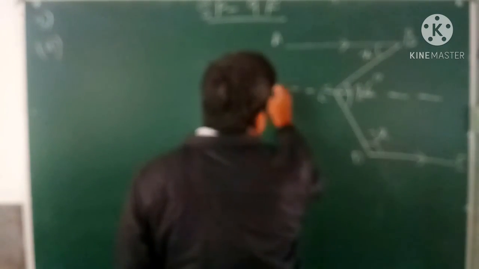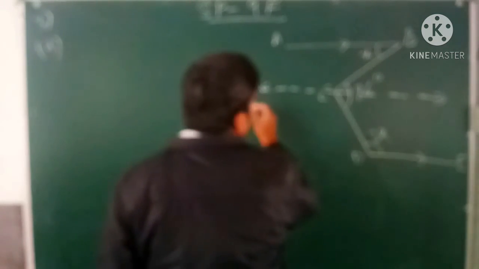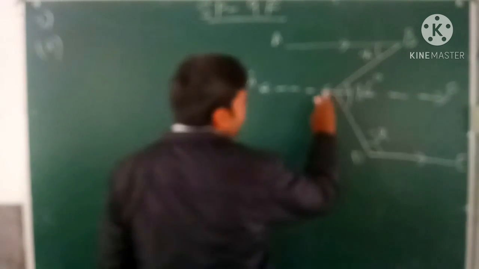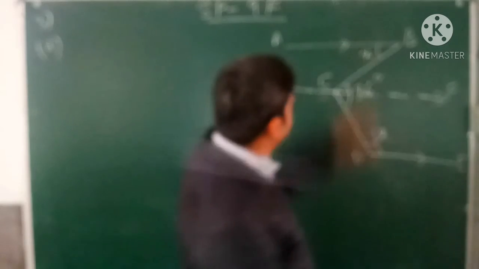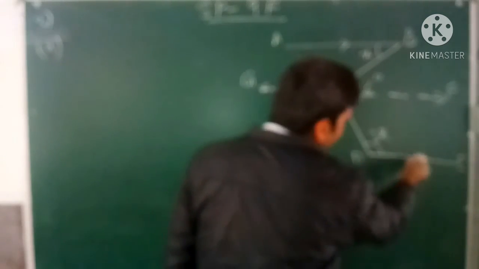So I have constructed a parallel line GF, which passes through this point C. That is parallel to this one, so this is also parallel to this one.